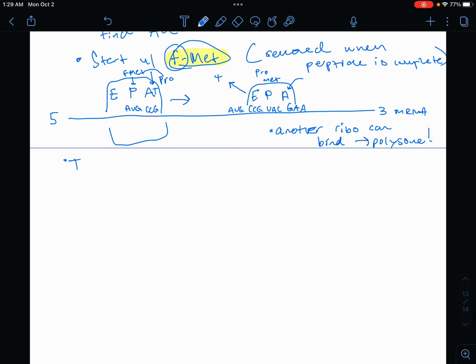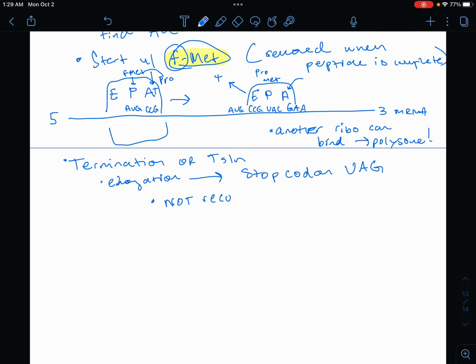Termination of this process will be when elongation continues until the stop codon. And I think I wrote it this time, UAG. This is one of the stop codons. And the stop codon UAG isn't recognized by tRNA.